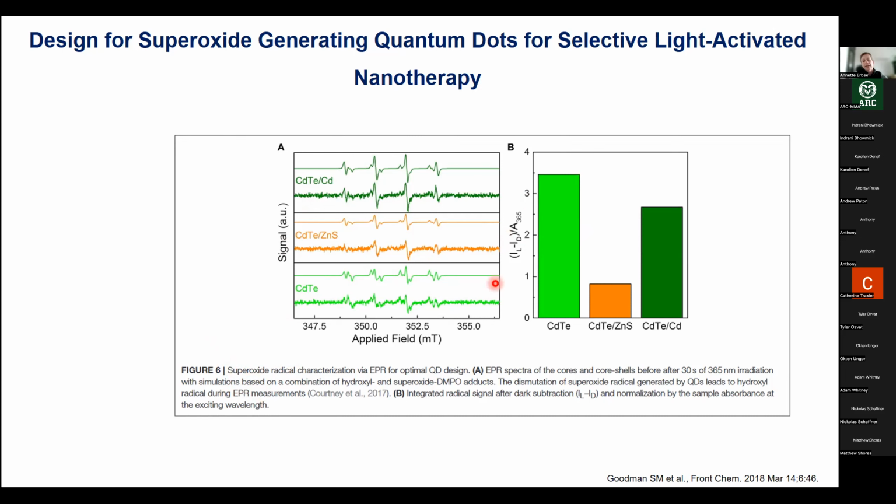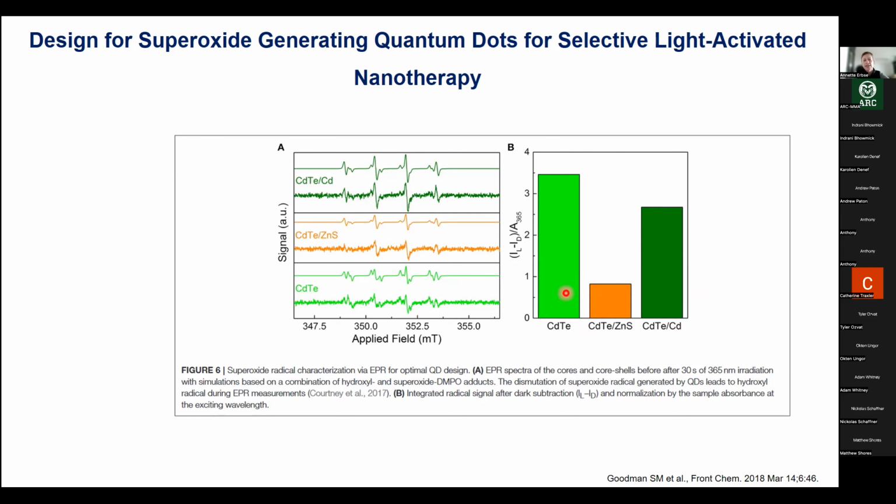And then using EPR, they quantified the amount of superoxide that was generated, and used this to fine-tune their quantum dots to generate different levels of superoxide, so that they could try out what would work best to kill bacteria, but not the actual cells.